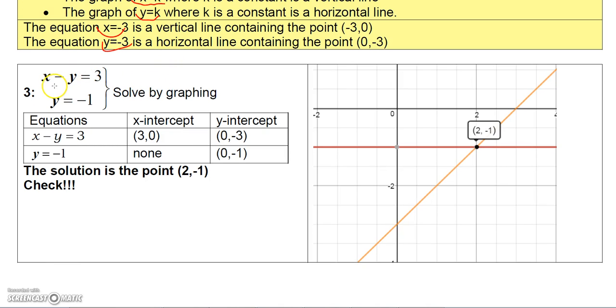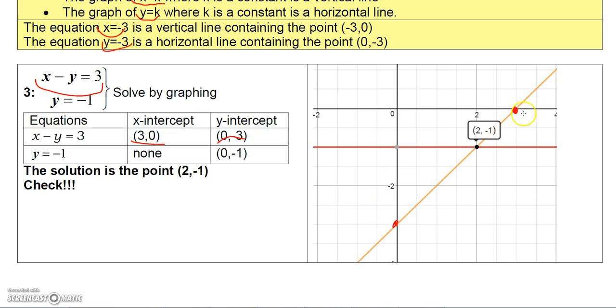So if I wanted to graph this system, first of all, I could graph this using the intercepts. When y is 0, x is 3, so that would go through, let's see, this must be the axis here. So that goes through, here's (3, 0). And then when x is 0, it goes through -3, so that would be down here.